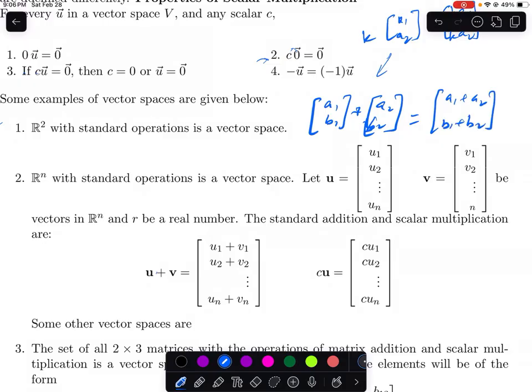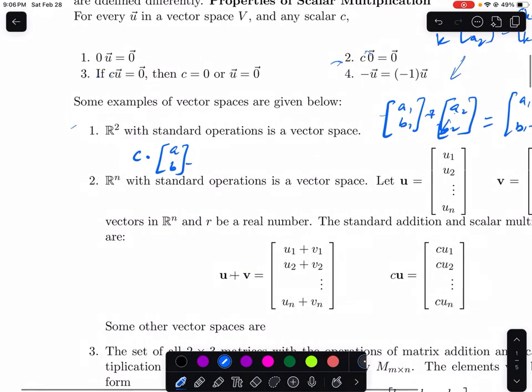This is how we define the addition of vectors, as in chapter 1. We call it component-wise addition. The first component gets added to the first component, the second to the second. And the scalar multiplication will be c dot a, b equal to ca, cb. Both components get multiplied by the constant.